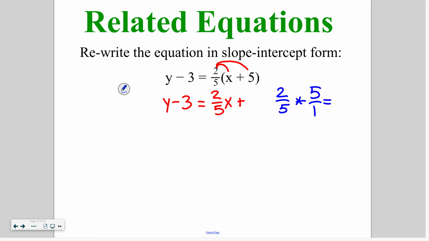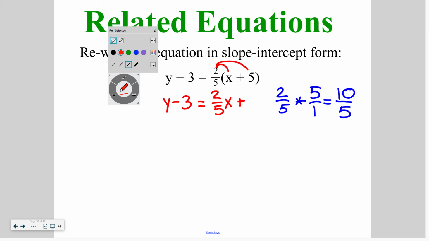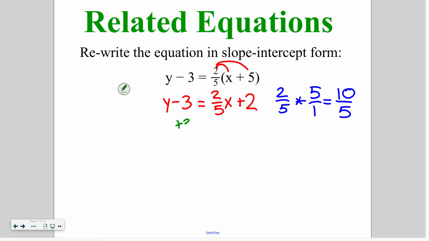So I'm going to go ahead and multiply the tops and get 10, multiply the bottom and get 5, and 10 divided by 5 gives me plus 2. Then I'm going to go ahead and get rid of my subtracting 3 by adding 3 to both sides, and my equation is going to be y is equal to 2/5 x plus 5.